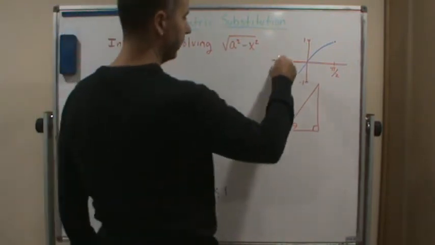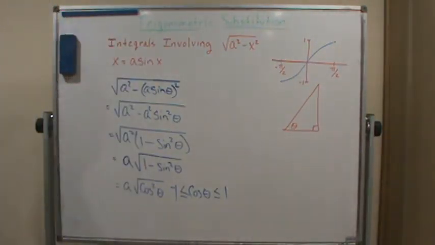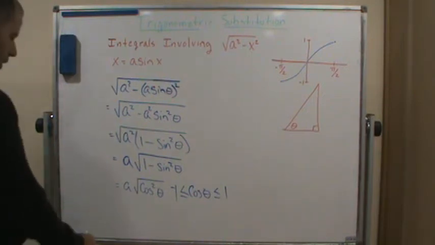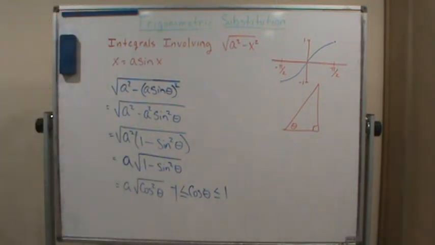So cosine is positive on the open interval. Again, we'll deal with the absolute value in a moment, but I'll show you how we avoid that.